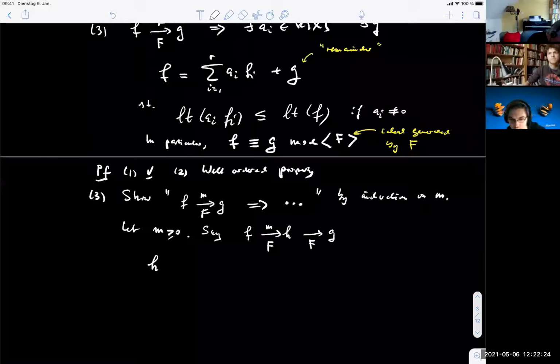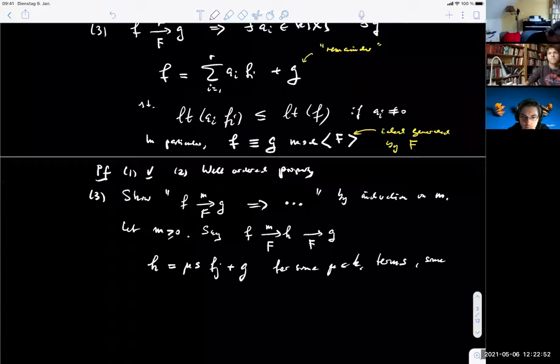I can now express H as mu times S times Fj plus G, for some mu in K, where mu is a field element and S is a term, for some j.